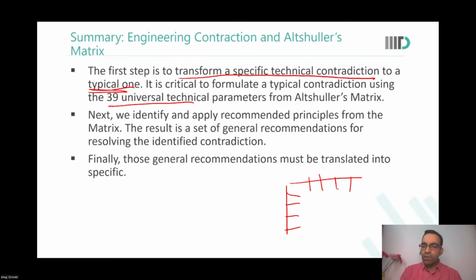Then you go to the box where your two parameters are listed and use the recommendations listed there. Any questions?